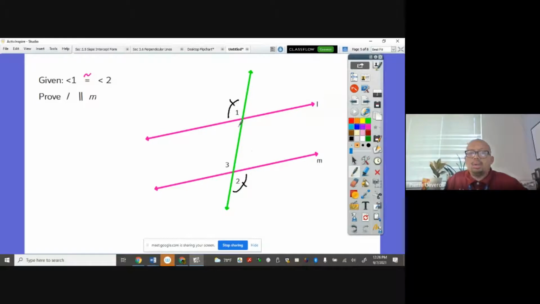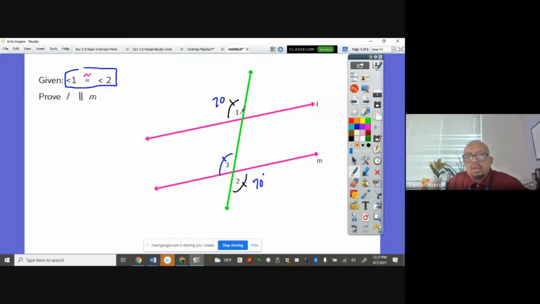If 1 and 2 are congruent, but you know that 1 and 3 are corresponding angles, so therefore, let's say this is 70, this will be 70 also, because they're said to be congruent, right? That's given.